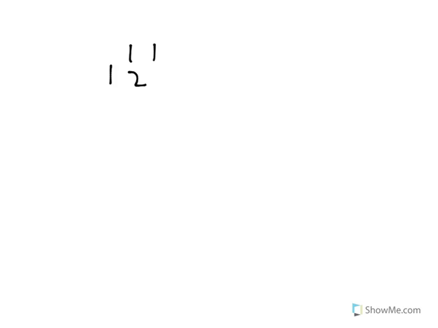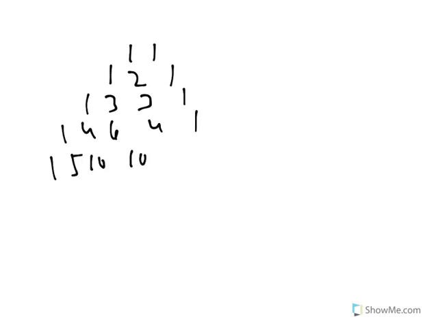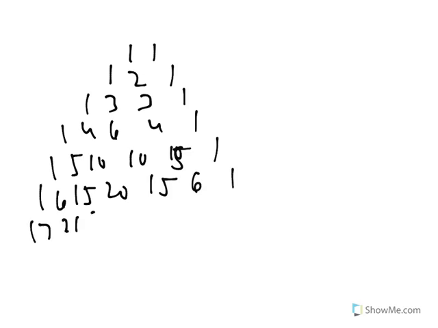Take a look at Pascal's triangle for a second. One thing I want you to notice: 1, 6, 15, 20, 15, 6, 1, and let's go to 7 rows: 1, 7, 21, 35, 35, 21, 7, 1.